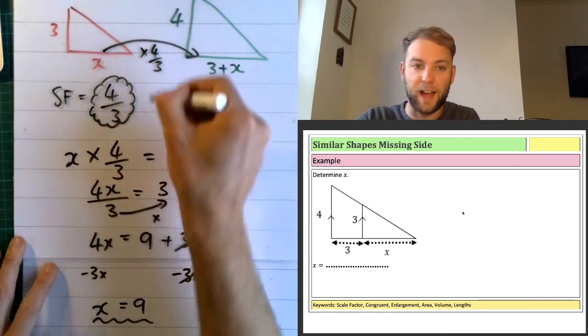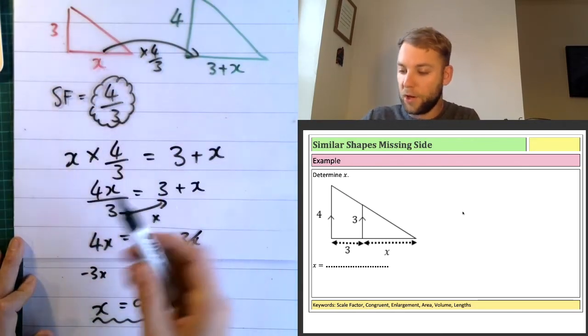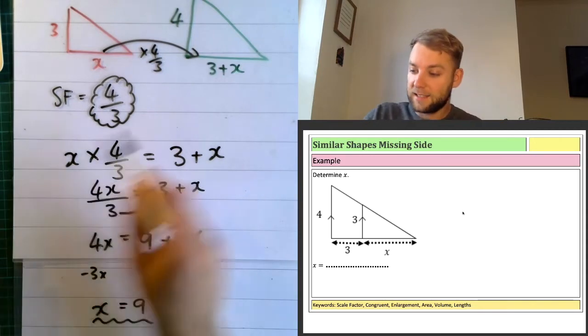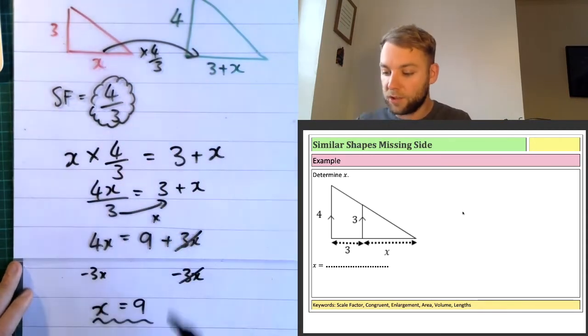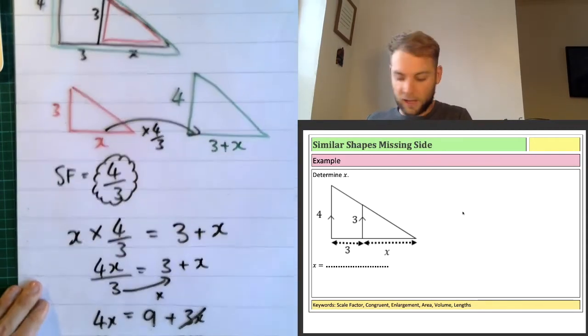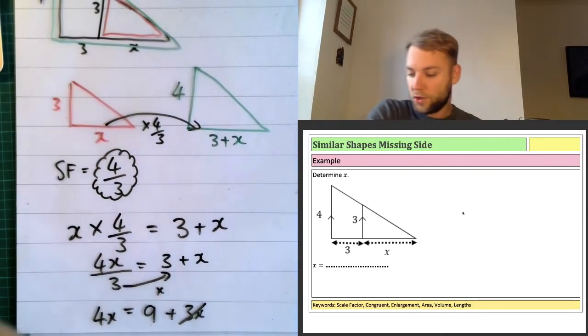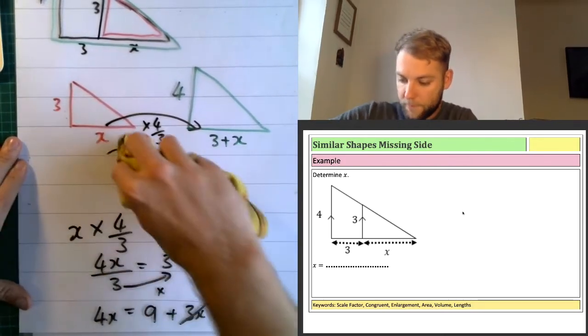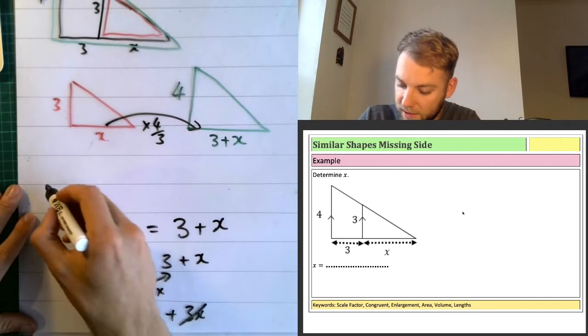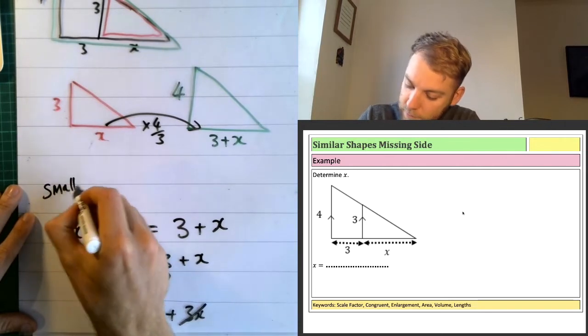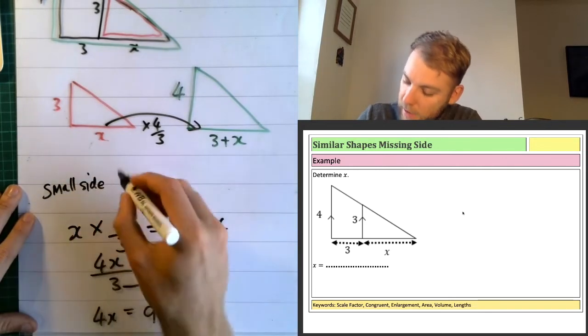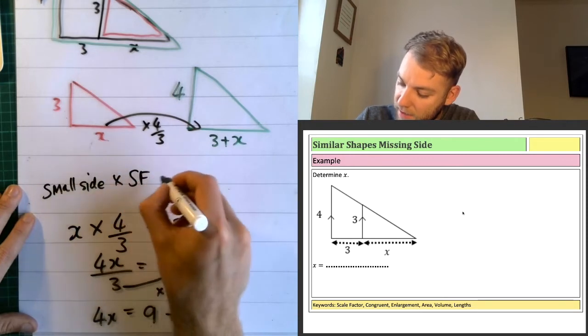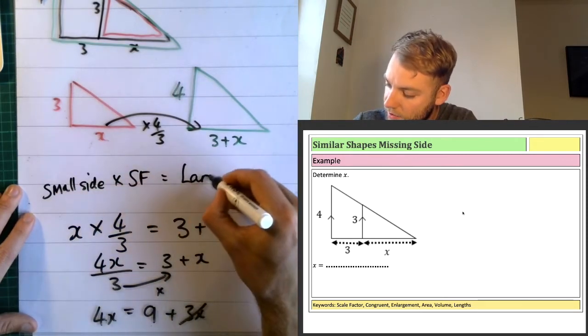We've got the scale factor, and we know that the smaller side times by the scale factor is equal to your larger side. That's where we got this part here from. I'll just go through that again. So we know that the smaller side times by your scale factor is equal to your larger side.